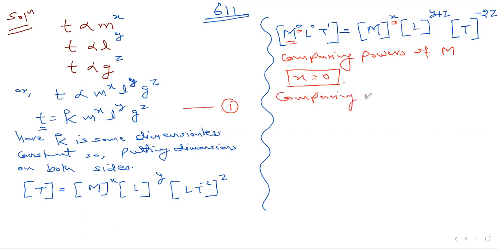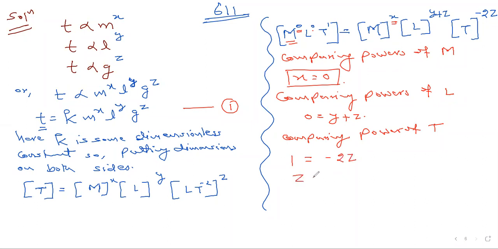Comparing powers of L, this is 0 equals y plus z. Comparing powers of T, this is 1 equal to minus 2z. So z equal to minus 1 upon 2.